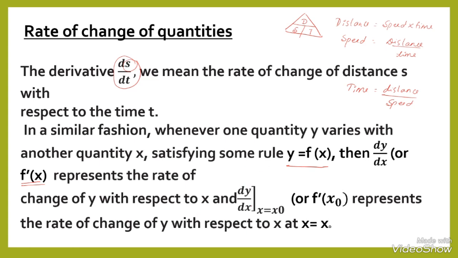If we substitute the value x equals x naught, then f dash of x naught represents the rate of change of y with respect to x at x equals x naught. Based on this concept we will discuss the problems.